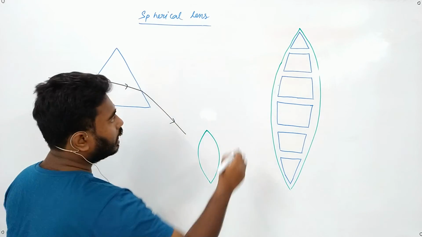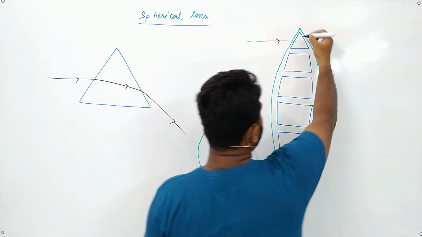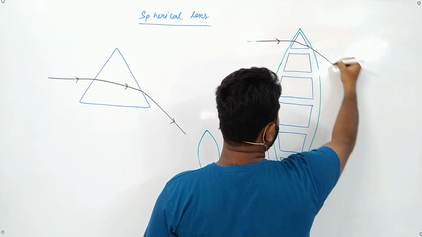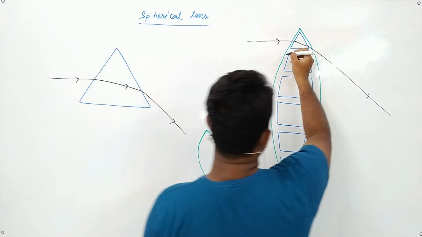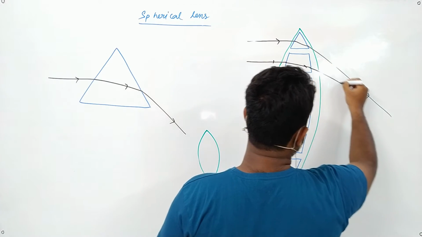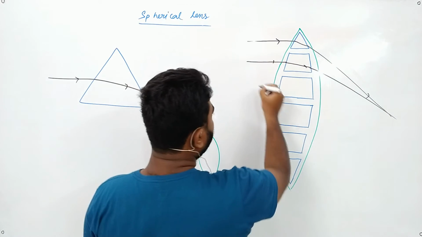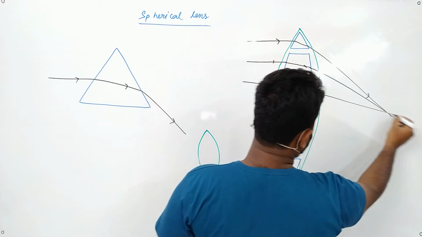And suppose I am drawing some rays, I am taking a ray here, so this will bend towards the base, right? If I take a ray here, it will also bend towards the base. If I take a ray here, it will also bend towards the base.